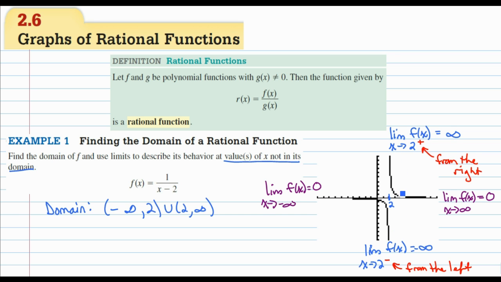So a vertical asymptote is going to be defined where x approaches that value from both the left and the right, and the y values approach infinity. Now, at the horizontal asymptote, y equals 0, look at what my f of x, or y values, approach. 0. Same thing here. So all the way out to the left, the y values are approaching 0, and all the way out to the right, the y values are approaching 0, which by definition then makes this a horizontal asymptote, which gets closer and closer and closer to a specific y value.